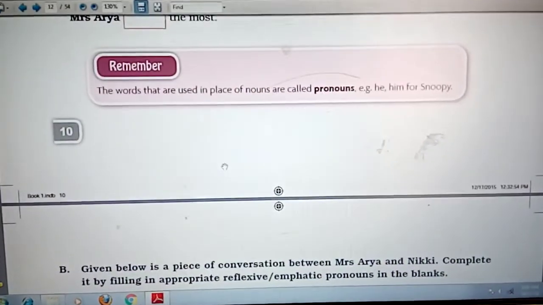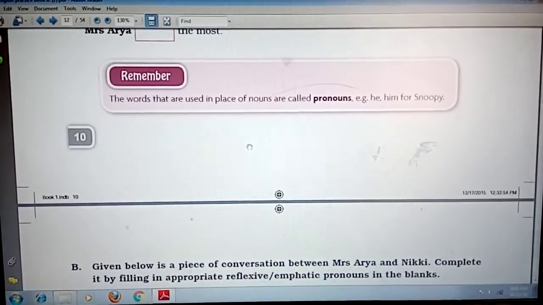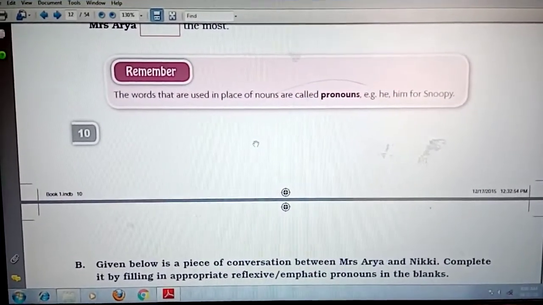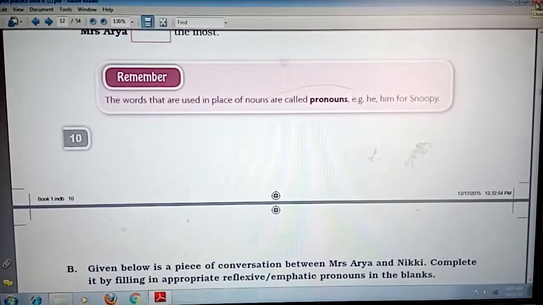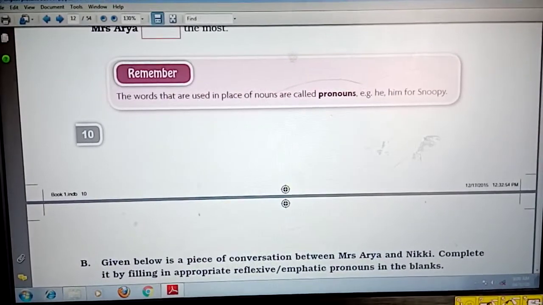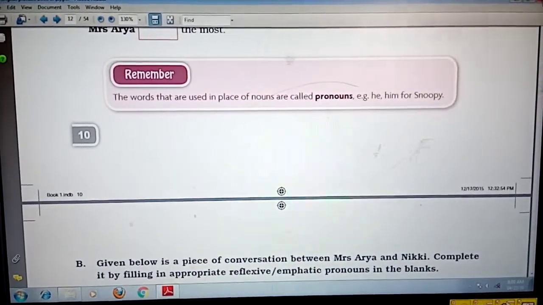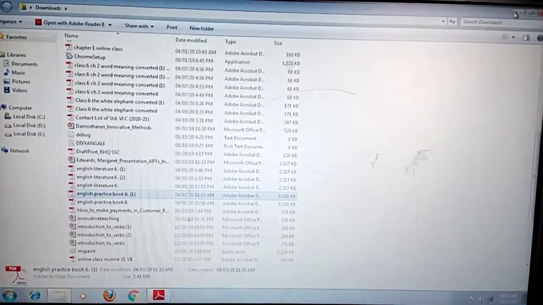So, first of all, we have to study about the pronoun. For the last few classes, we have studied noun, pronoun, verb, adjectives, adverb, etc. This time we will study the definition and its kinds.